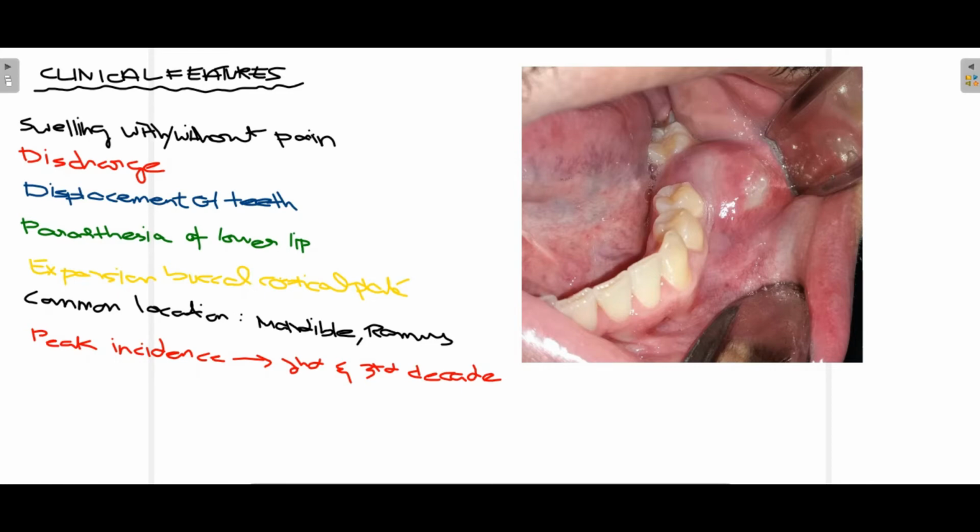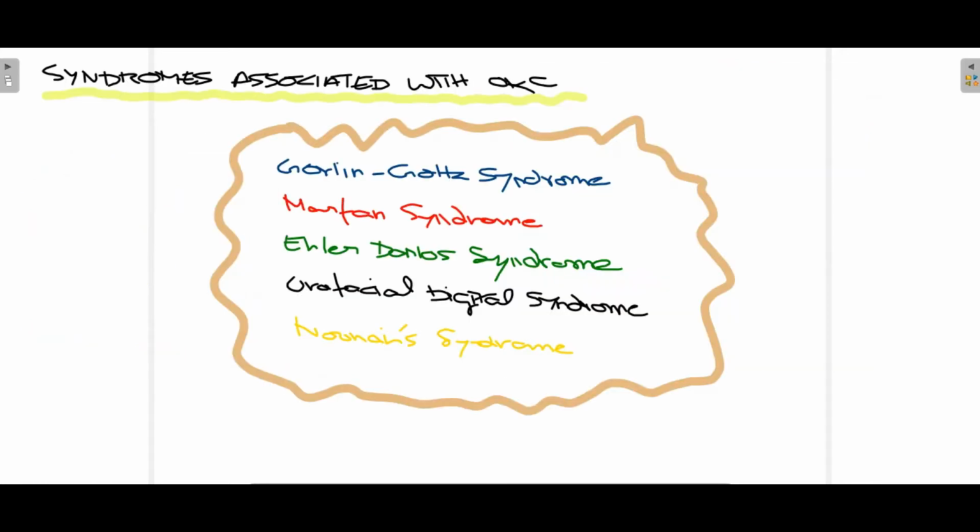The most common location of this OKC is mandible and particularly ramus, as you can see in this picture also, the most favorable location of OKC. Now, lastly, talking about the peak incidence that the patient may present to us with OKC is third and second decade of life. OKC may occur as an isolated condition, but sometimes it is also associated with other syndromes.